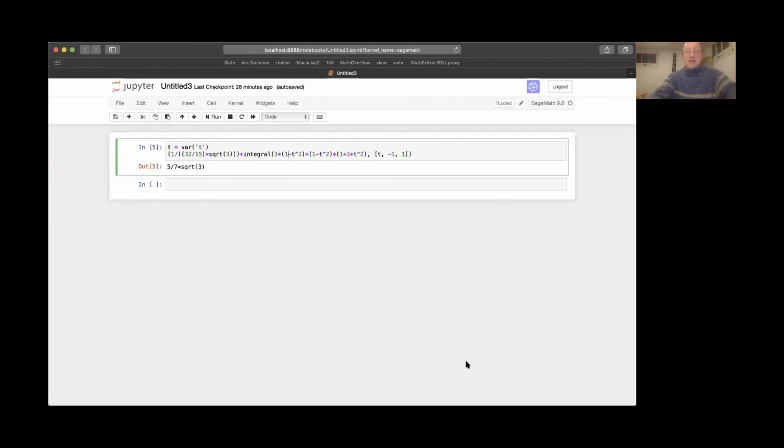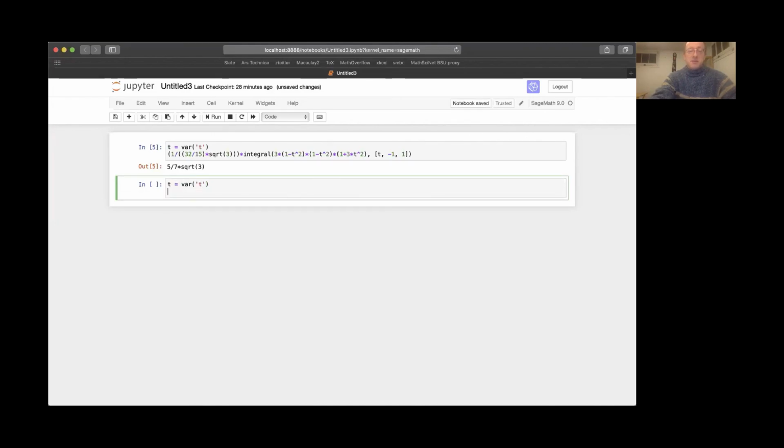So the integral that we want to evaluate, I'll use t as a variable again, and we have 1 over the same mass, and what we want to integrate is pretty similar.